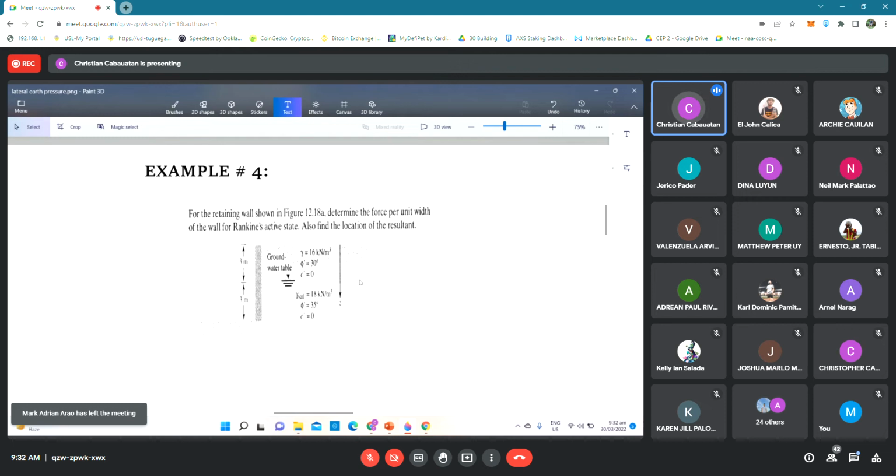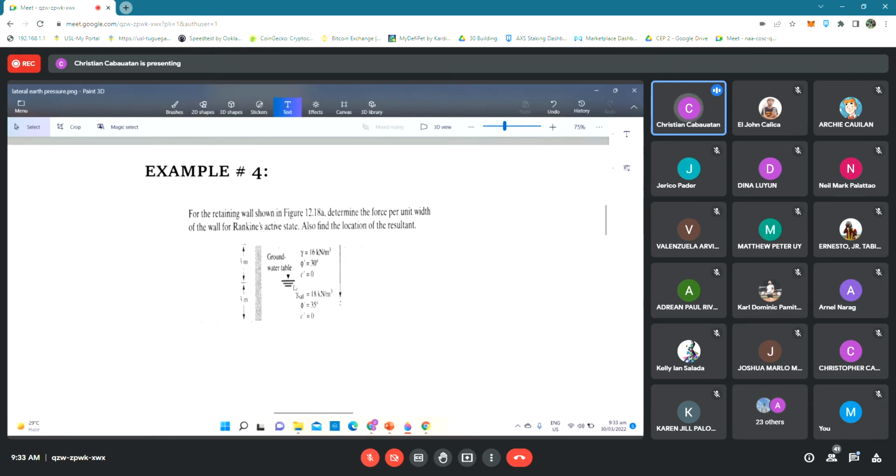So for this type of your soil, it is a two-layer soil, no? Two different soil. The first layer is unsaturated, therefore your gamma dry is equal to 16, and your internal friction is 30 degrees. And then your cohesion would be 0, okay? And then there is another layer of soil at the bottom of your first layer, subjected to the groundwater table with a height of 3 meters.